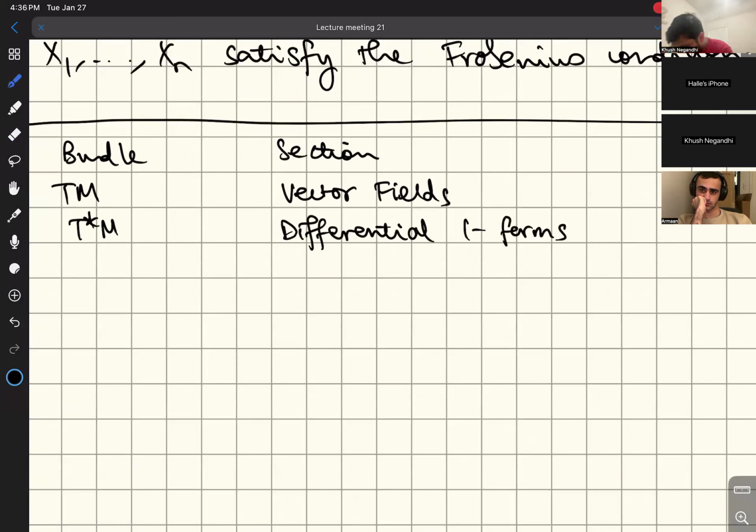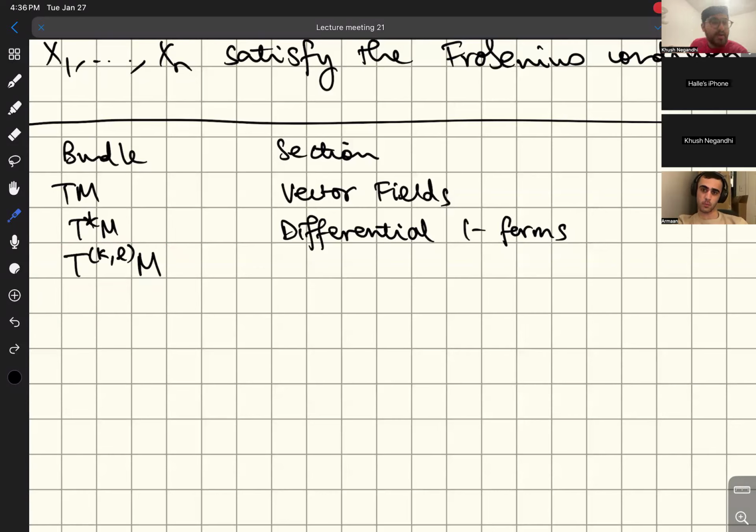But now the question is, what about this vector bundle? Are the sections of these important? Yes, the sections of these are important. But we will not worry ourselves with the general bundle for now. We'll look at a smaller classification of bundles.